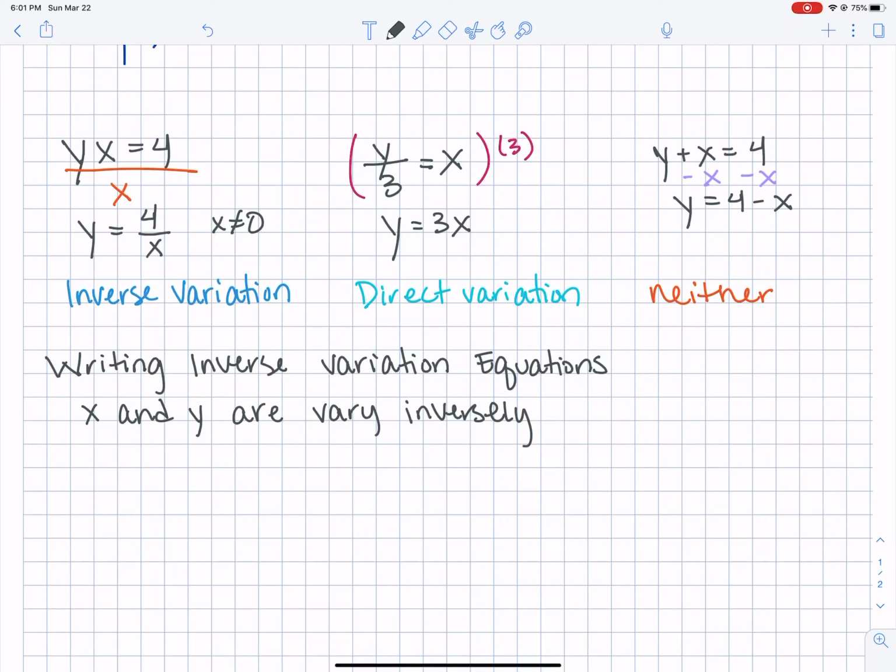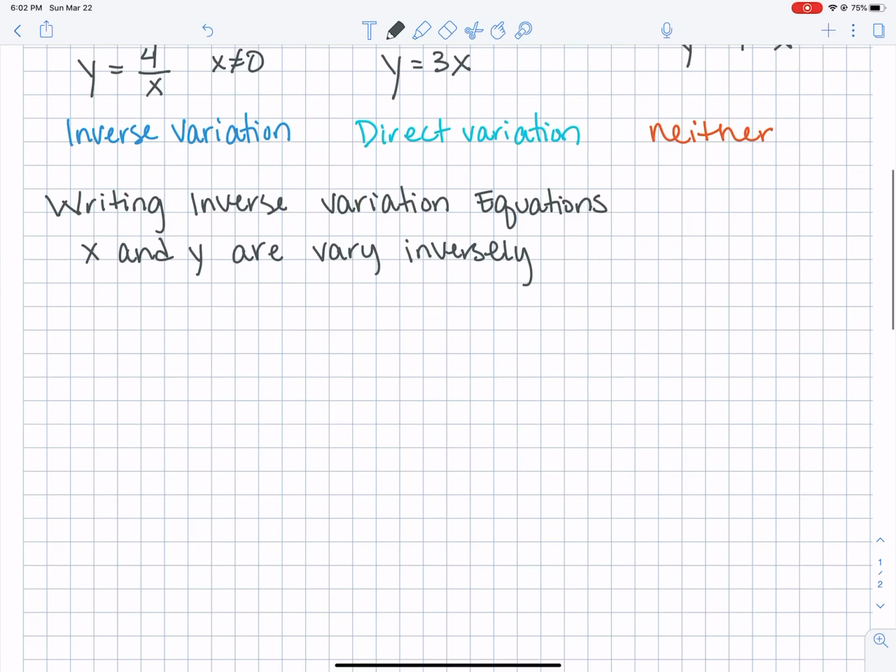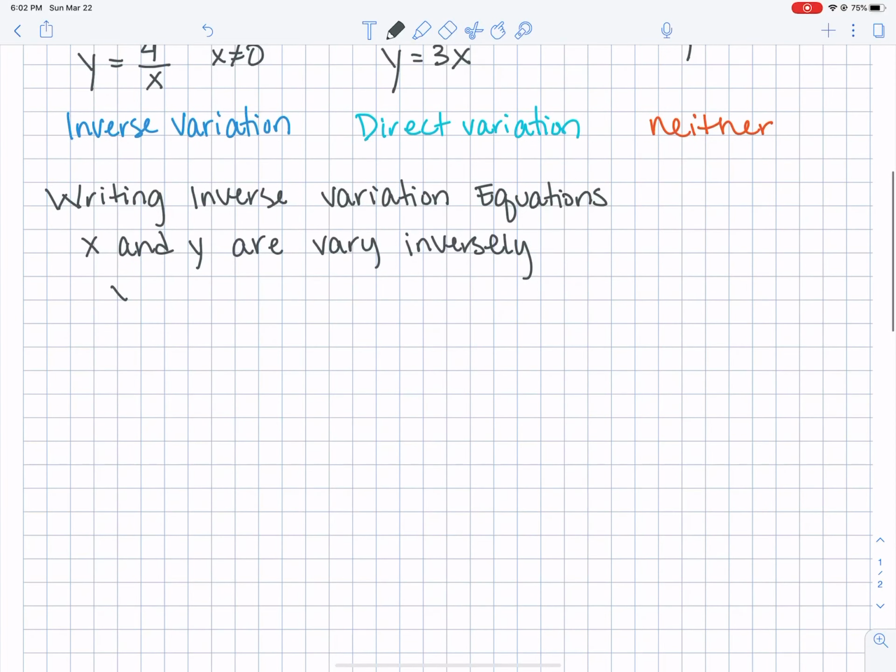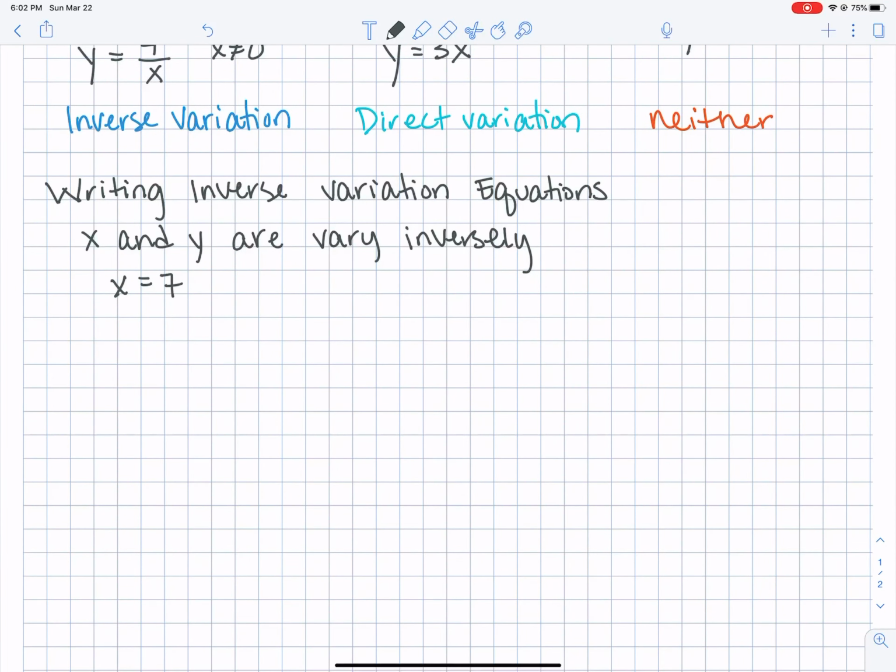So we automatically know that as x gets larger, y is going to get smaller, and vice versa. But I'm also going to give you x and y. So x is going to be equal to 7, and y is going to be equal to 2. Now, we know a point, the point 7, 2. However, we don't know what that constant is going to be.